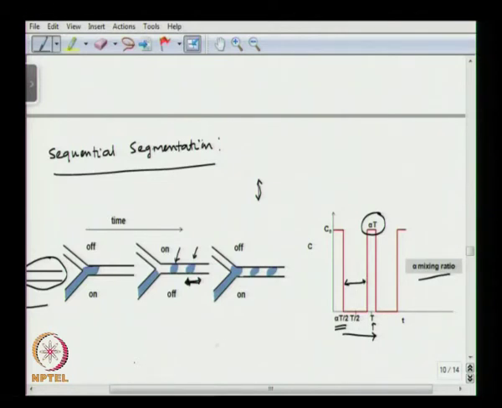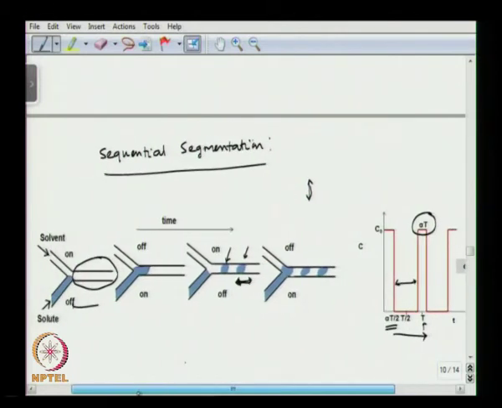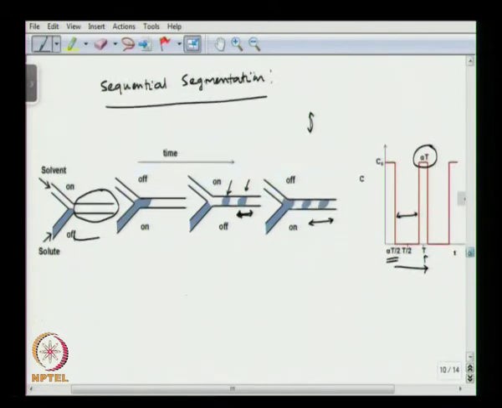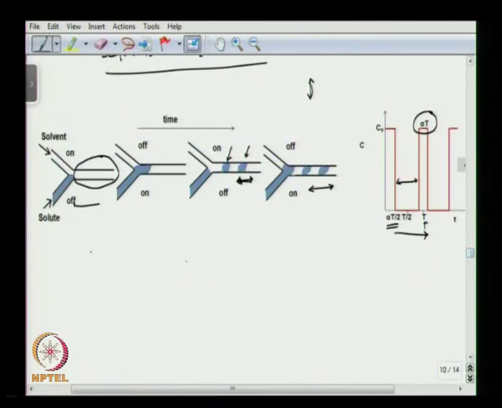If you do that, then we are interested to see how the mixing profile is going to change. We are doing solute and solvent alternately injected, using a valve.